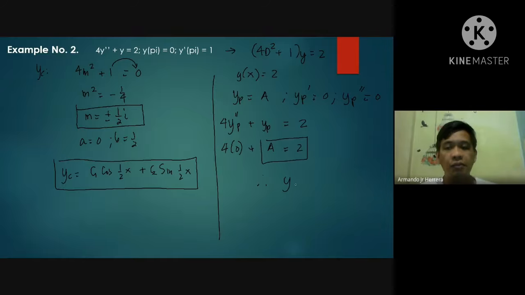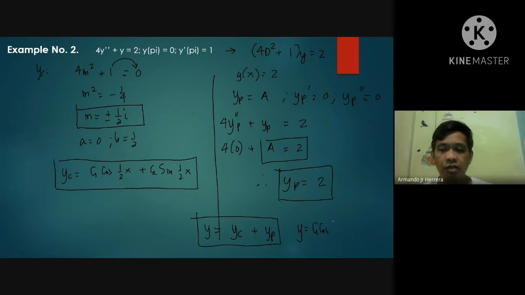So therefore, our yp is equal to 2. So yc plus yp is our general solution. Then y is equal to c1 cosine 1/2 of x plus c2 sine 1/2 of x plus 2. So this will be our general solution.